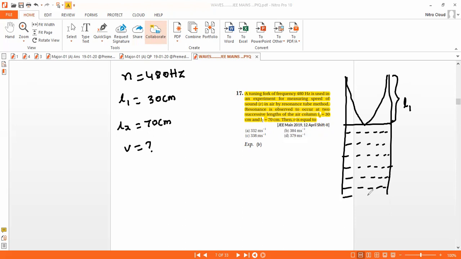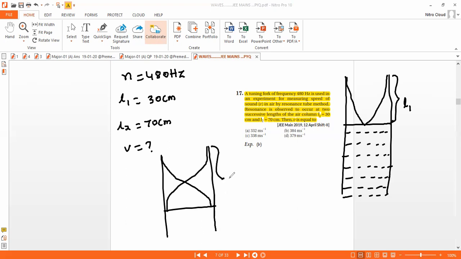Like this water is there, that is the first resonance. Another one I got it like this.